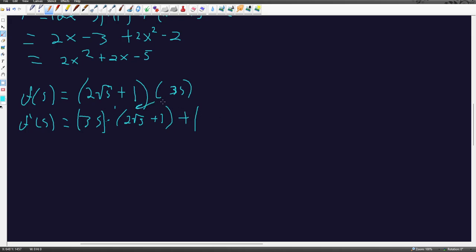Arrows intercept, they intercept, and they parallel afterwards. Okay, sorry. 2 square root of s plus 1, then we multiply by the derivative of this function. It's really bad notation, but my bad.